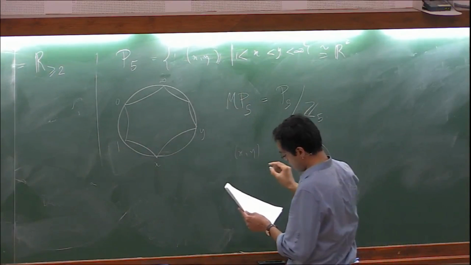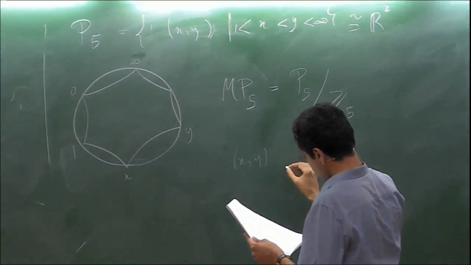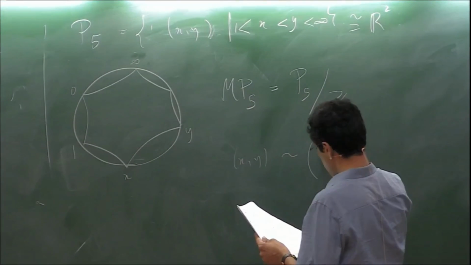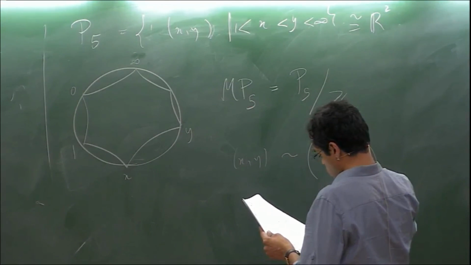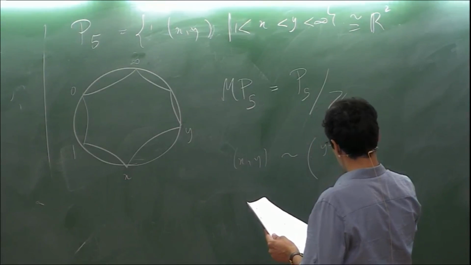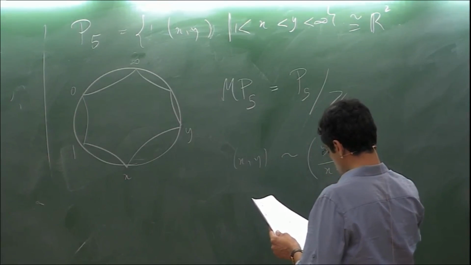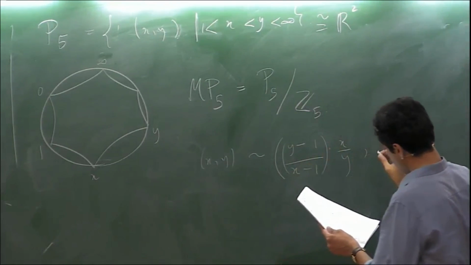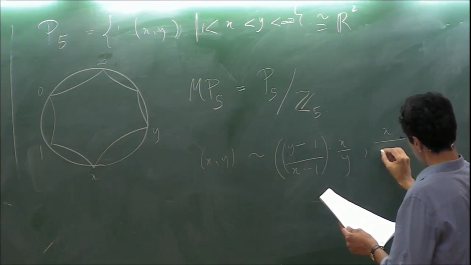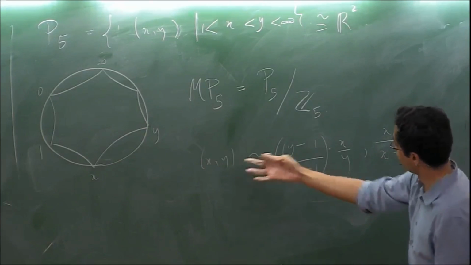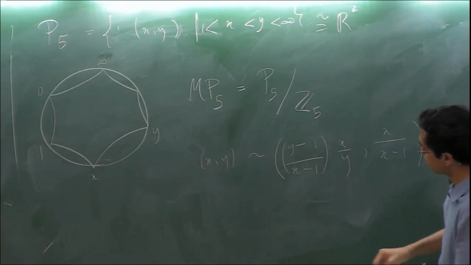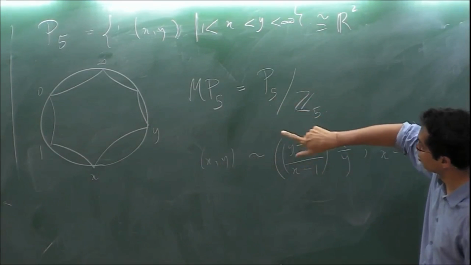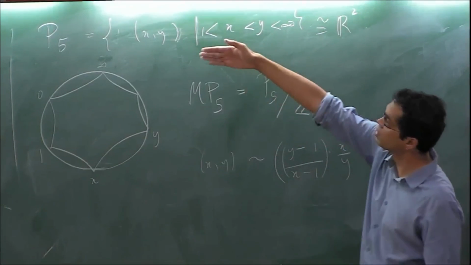This identifies the pair xy with y minus 1 upon x minus 1 times xy, and x upon x minus 1. So this pair goes to this pair under this action, and this defines an action of Z5 on this domain.